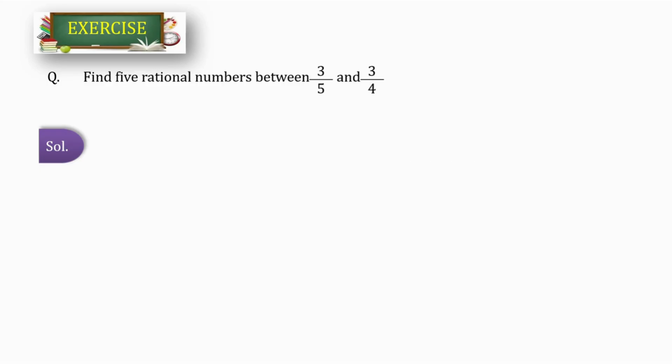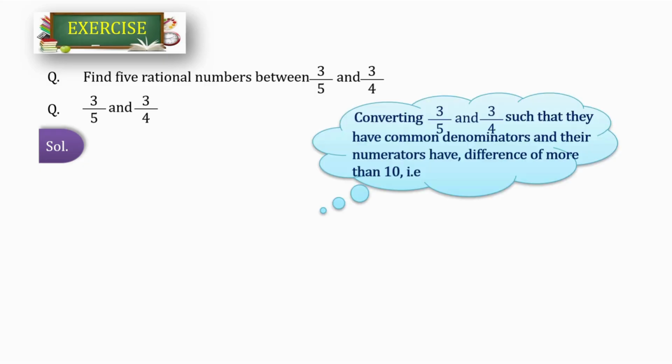Now find 5 rational numbers between 3 by 5 and 3 by 4. Converting 3 by 5 and 3 by 4 such that they have common denominators and their numerators have a difference of more than 10 or more than 5. In this case, it will be more than 5.